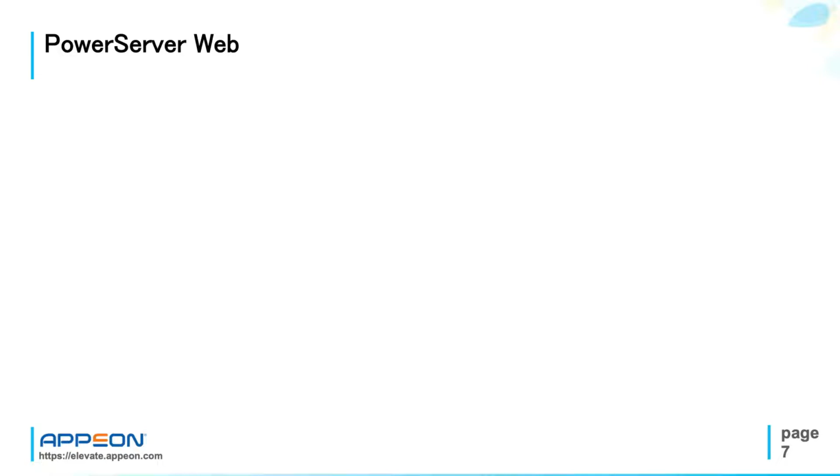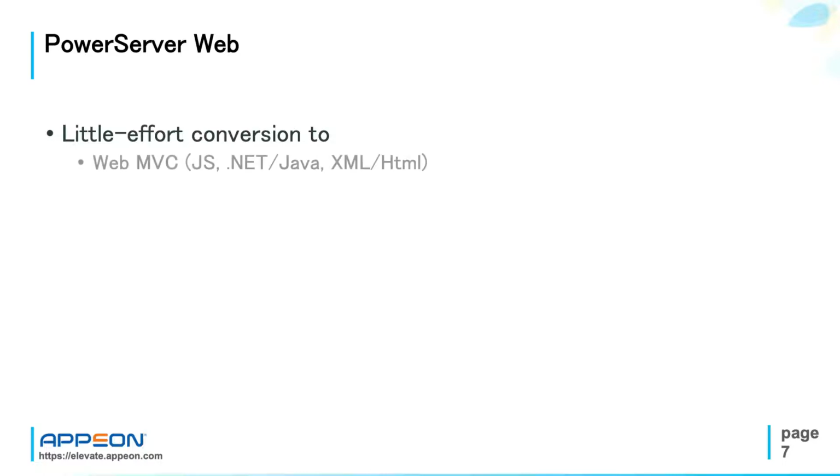PowerServer Web is the lowest cost and risk framework for moving your client-server PB app to the web. PowerServer Web in fact automatically converts most of the existing PowerBuilder source code, including complex DataWindows and PowerScript, and the target code will follow the MVC, the Model View Controller design pattern, and it consists of JavaScript, .NET or Java objects, and HTML, XML.